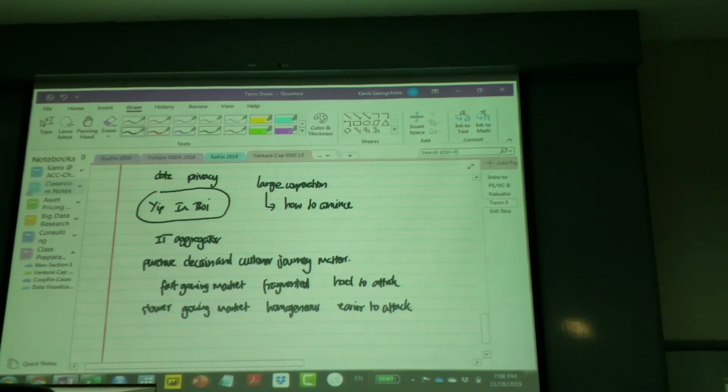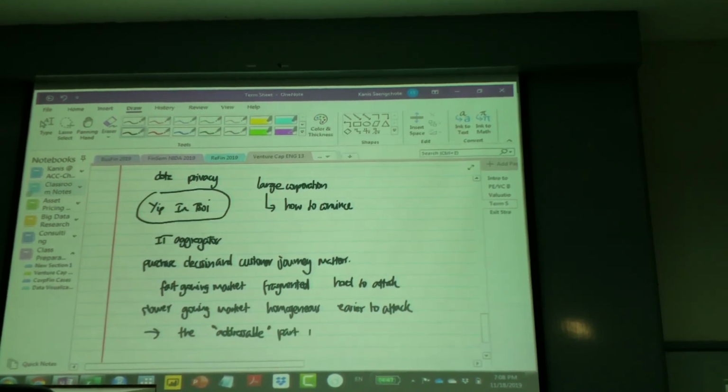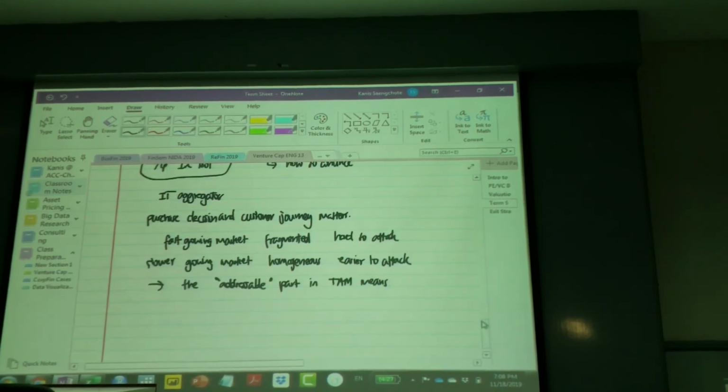The bottom line is to try to think about what the addressable part really means. It means you being able to answer all these questions too, right? Addressable means attackable market. If it's a big market, yes, but you have no plan on how to attack that market, that should really be part of your addressable market calculation.